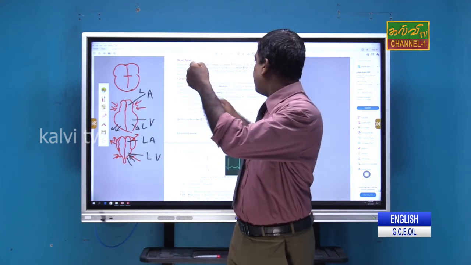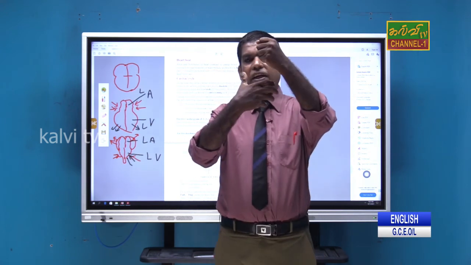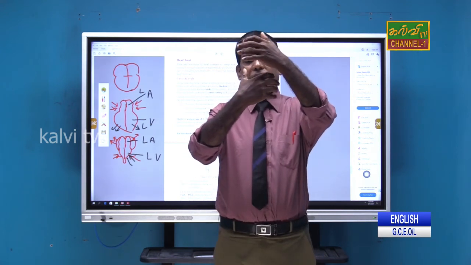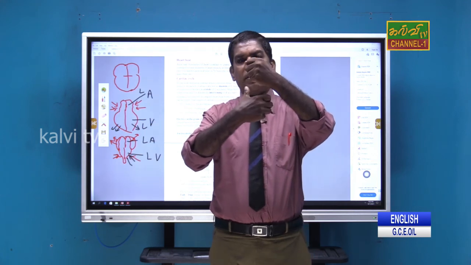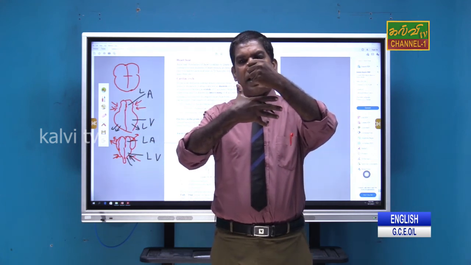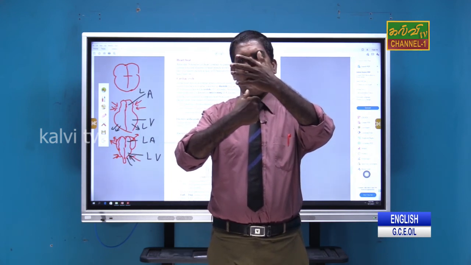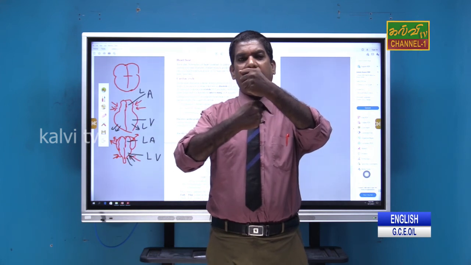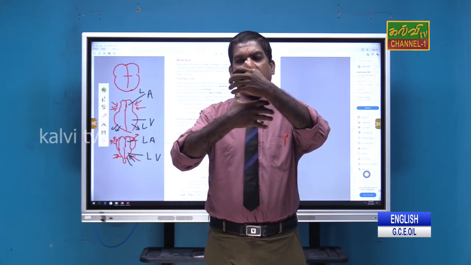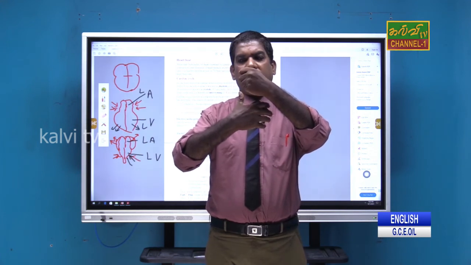They have mentioned the atria contract when ventricles dilate. Here this is going to dilate. After it contracts, it dilates. One is contract, the other is dilate. The other one contracts, this one dilates. Contract and dilate, contract and dilate. Right?